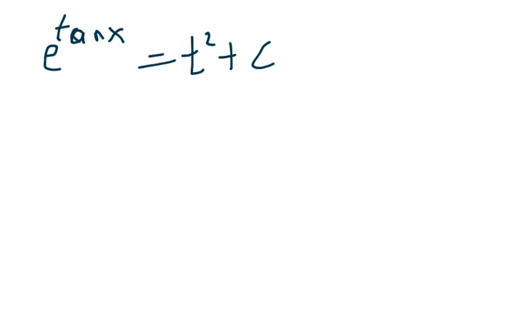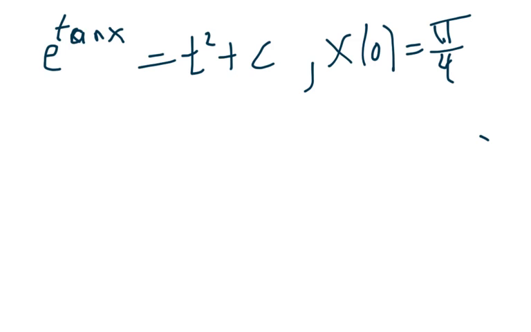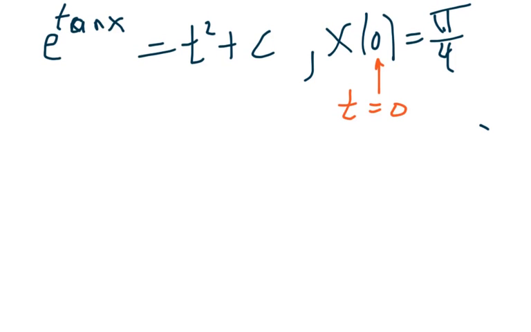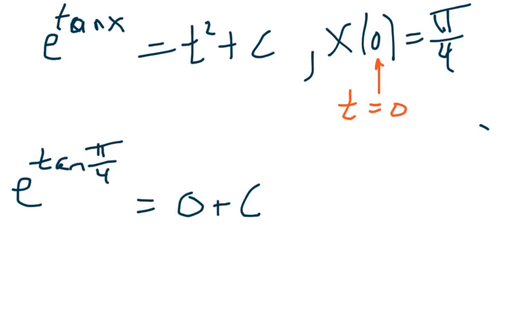And now let's use our initial condition. We could use it anywhere, but here's not a bad place, because we know that x of 0 is equal to pi over 4. Now what is this 0? This is t is equal to 0. So we just plug this in here. We get e to the tangent, well, when t is equal to 0, x is equal to pi over 4, so tangent pi over 4 is equal to 0 plus c.